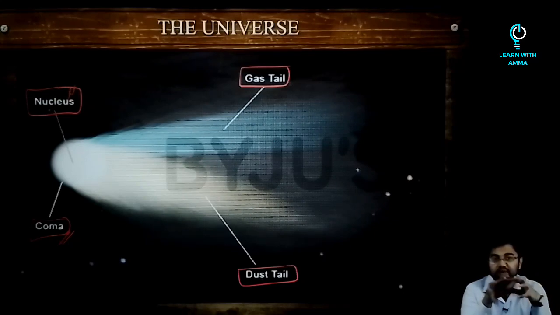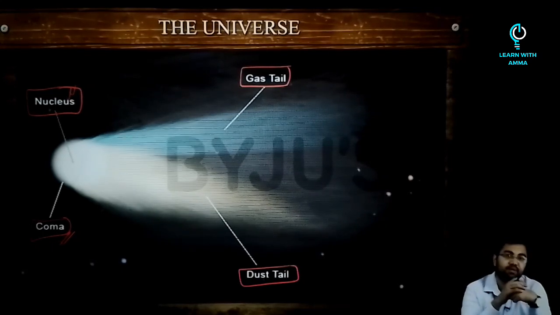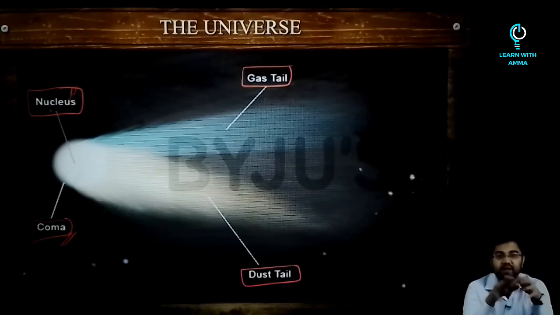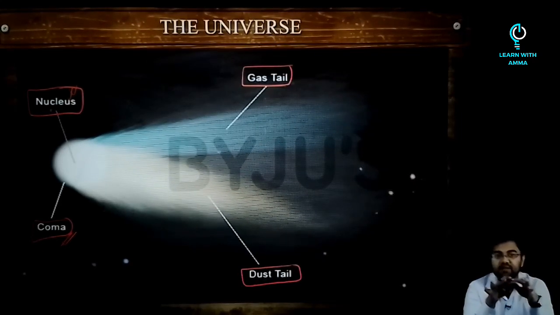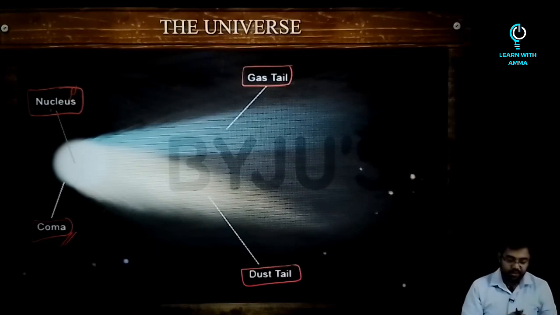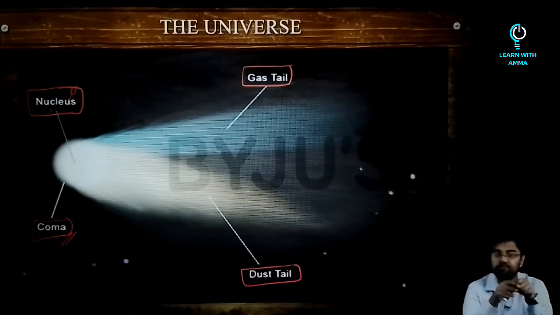Then apart from that, you have the hydrogen cloud, which you cannot see here in the diagram, but it is very huge, millions of kilometers in diameter, yet very sparse, and a kind of envelope that surrounds the nucleus. That's why it is not seen in the diagram here. The next part of the comet that we look at is the dust tail.